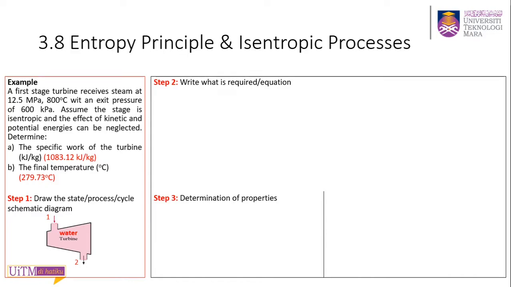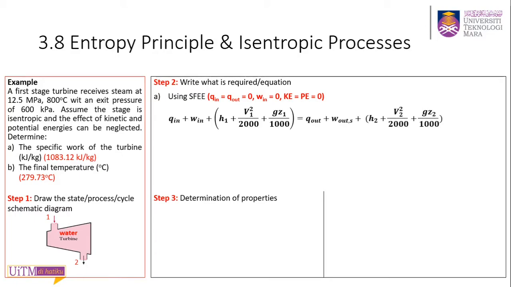But before that, please write the conditions for the turbine from the question. Start with writing the general equation for SFEE and then cancel the terms based on the conditions. Write what is left and then rearrange to find for specific work output.